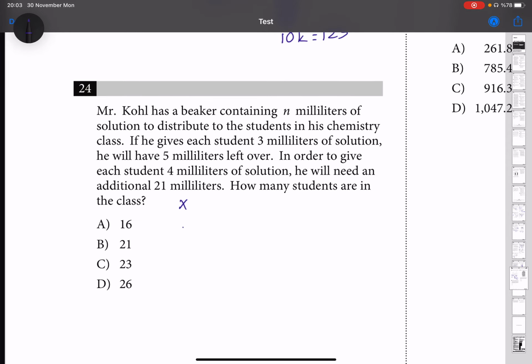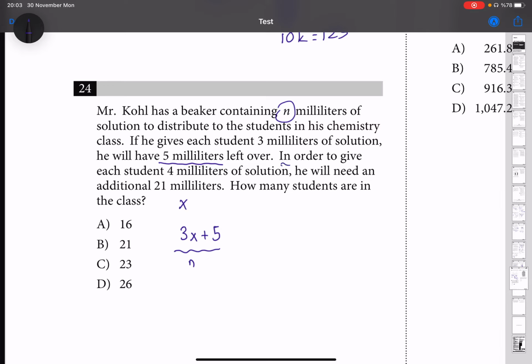So when he gives 3 milliliters to each student, he gives 3x milliliters of solution, right? And additionally, he has 5 more milliliters left. So if we add 5, now we found the total volume of the solution, which is given in the question as n.